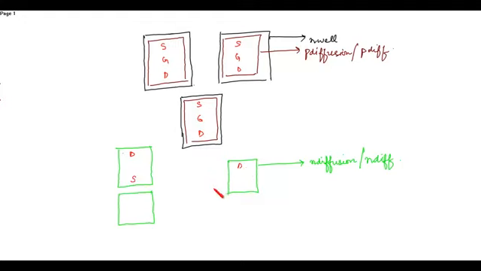Then obviously this will be source, then gate. Because at this drain terminal we will obtain the output. Then here the two sources are grounded, so this will be source, this will be drain and this will be gate.